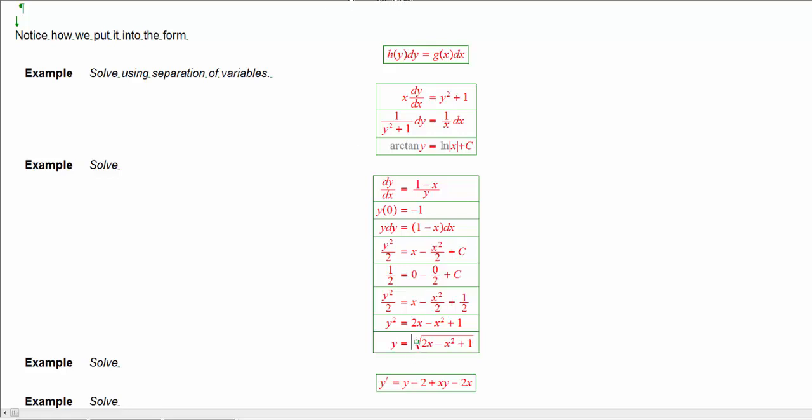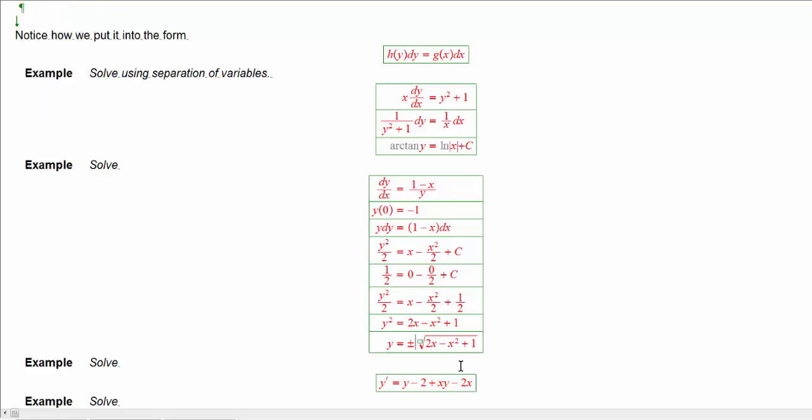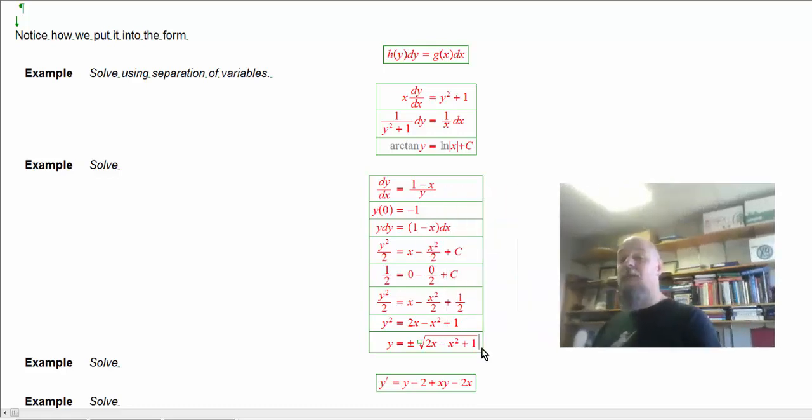So if I go in here and I'm thinking about plus minus, but which is it? Or is it both? It's not both. It's one or the other. I go back up here and the initial condition tells me that y is equal to minus. So it's not plus minus, it's explicitly the minus. Y is equal to minus.